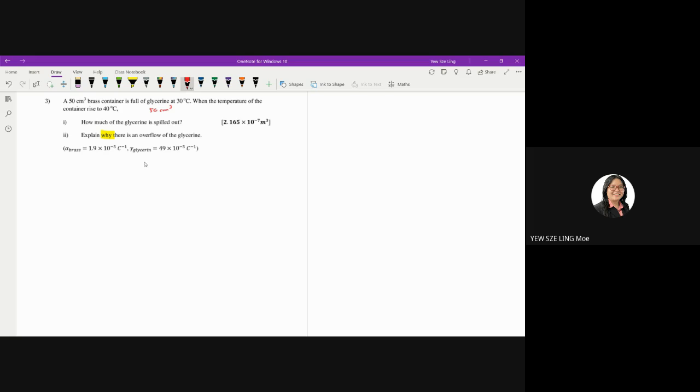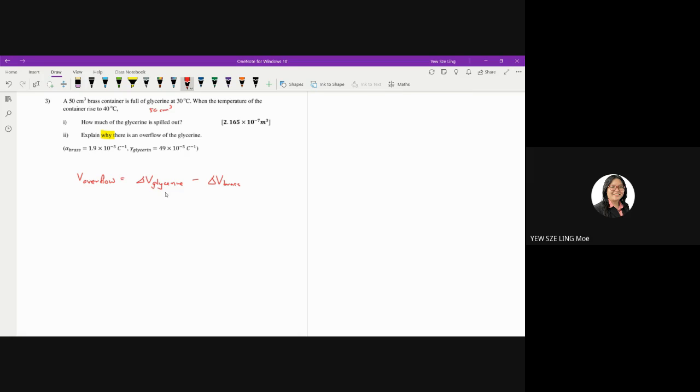It's up to you whether you want to use a final V or a delta V to calculate it. So let us try delta V. V overflow is equal to delta V glycerin minus delta V container, the brass container.